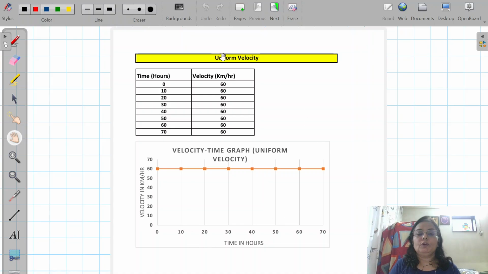Now here, what was the acceleration? Can anybody tell me what was the acceleration? The acceleration is 0. Why?